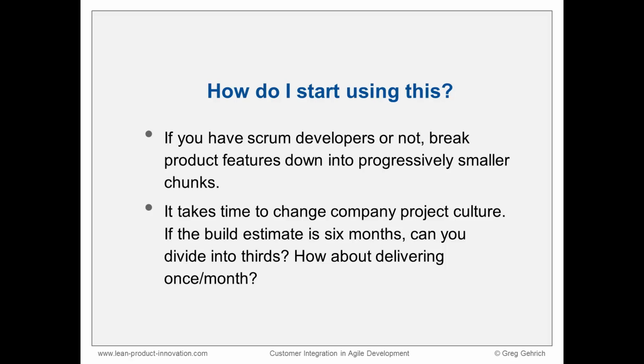If the build estimate is 6 months, can you divide it into thirds? Or maybe are you able to deliver something once a month? You may not be able to get it down to once a week in your Scrum cycles, but you can go into shorter and shorter increments.